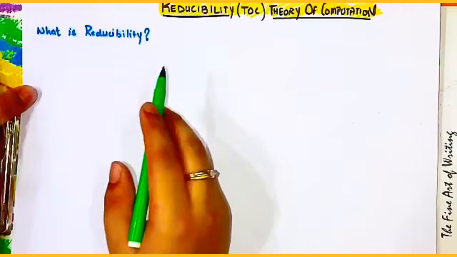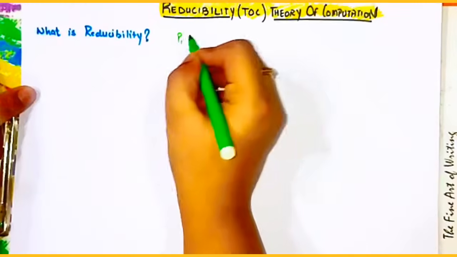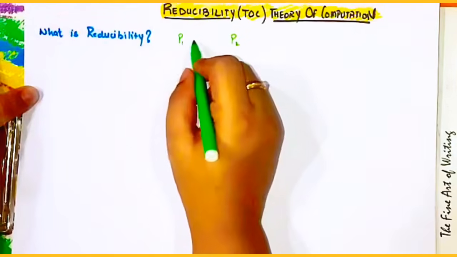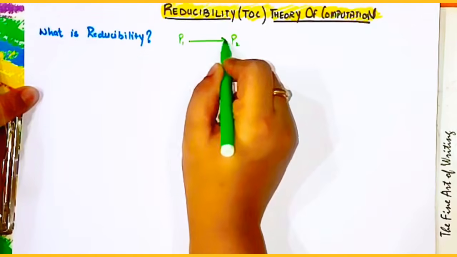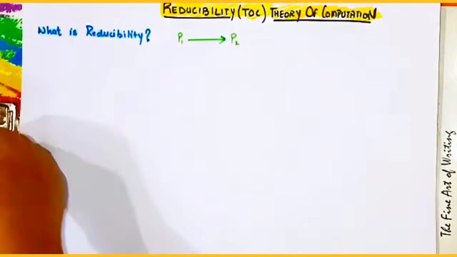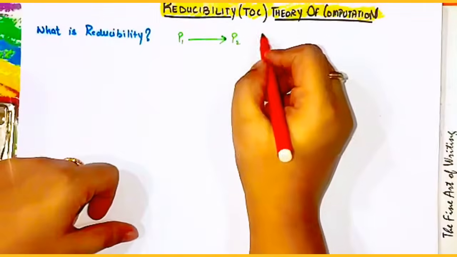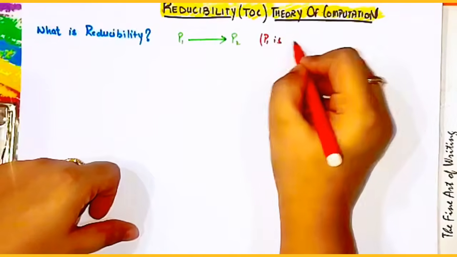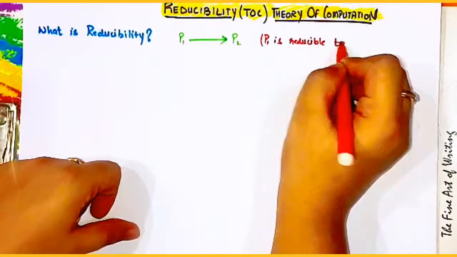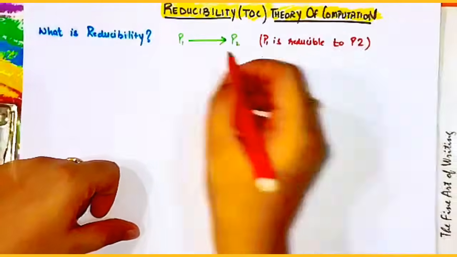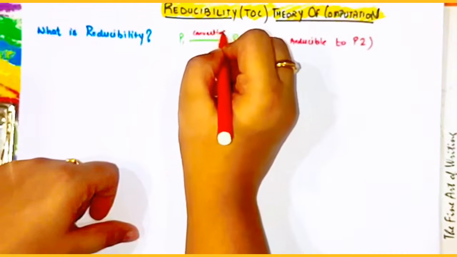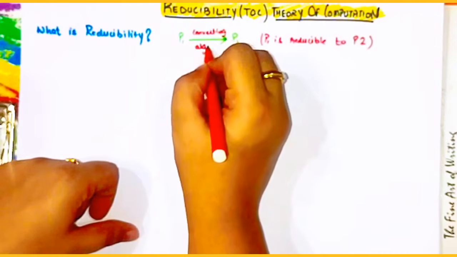Suppose you are given two problems P1 and P2, and if it is said that P1 is reducible to P2, writing like this means P1 is reducible to P2, or we can also say convertible. Here we will use some converting algorithm to convert P1 into P2.